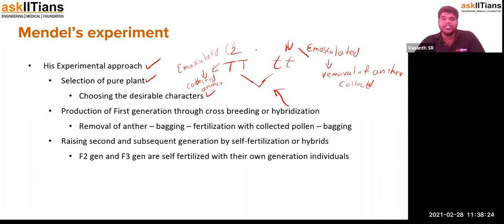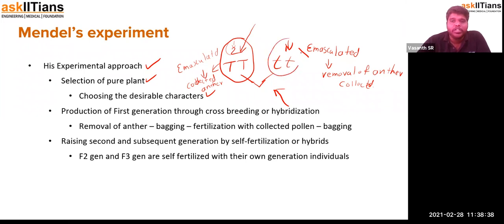When he does the pollination for the first one, he usually covers the second one with a bag so that no other pollinating agent could infest this plant with any other pollen. And the same after pollination, he will also bag them. So this process is called bagging. So: removal of anther, bagging, fertilization with collected pollen, and then bagging.